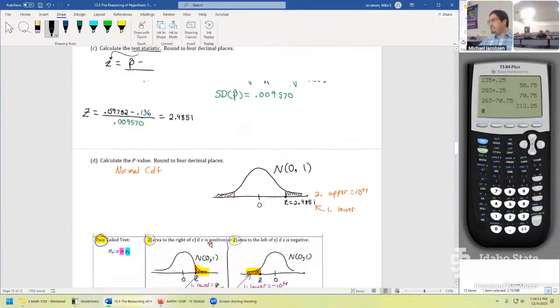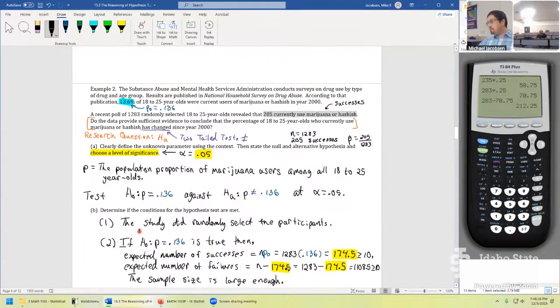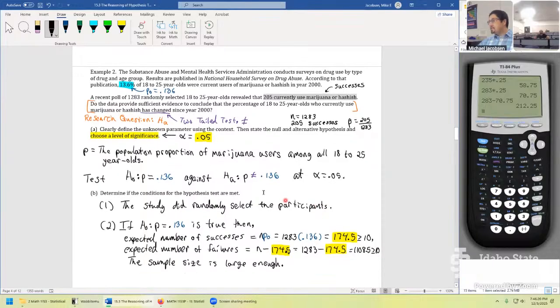Yeah, so we had a different situation on that one. This one said the study did randomly select the participants. We were just told straight out that it was a random sample, 283 randomly selected 18 to 25-year-olds. So we just said that on condition 1.